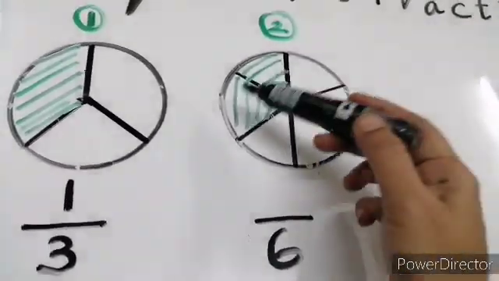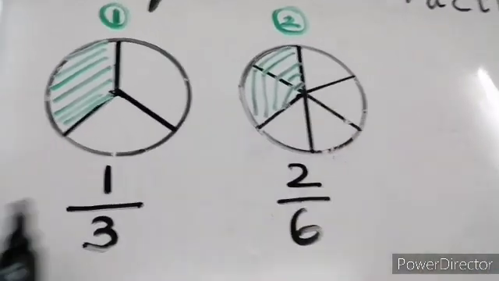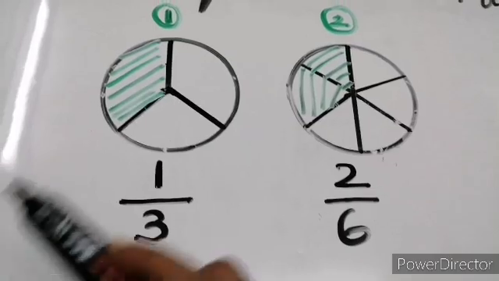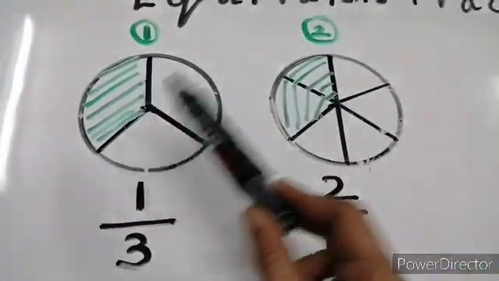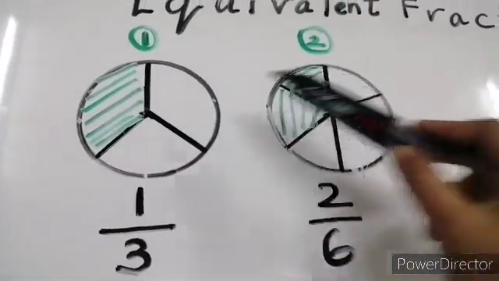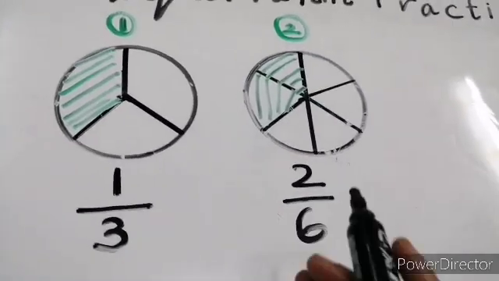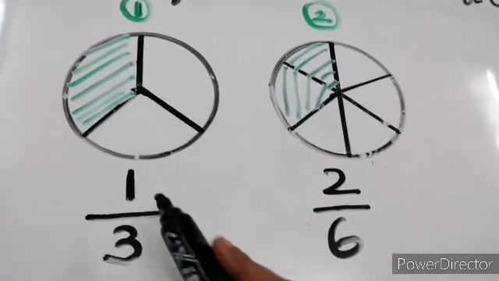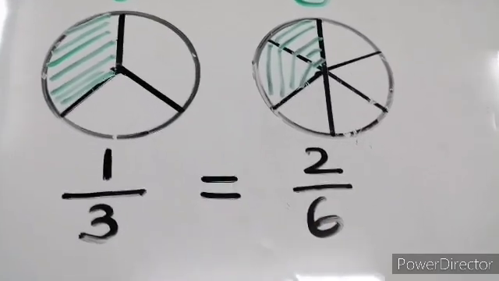And we have shaded 1, 2. 2 equal parts. But the value of both these circles is the same because we have shaded the same size here and here. That's why they are called equivalent fractions. 1 by 3 is equivalent to 2 by 6.